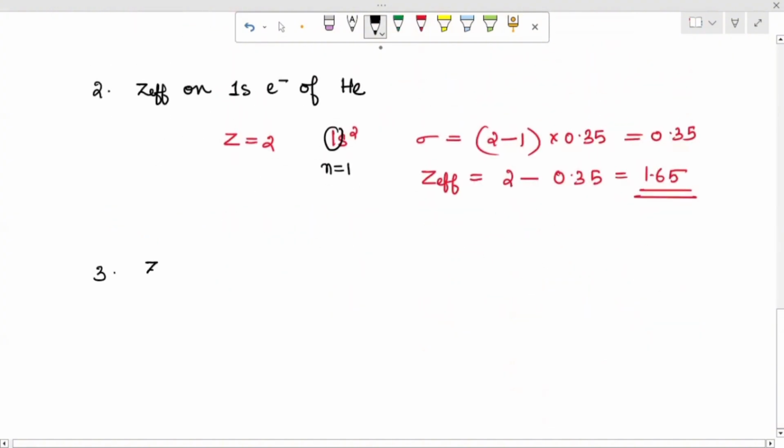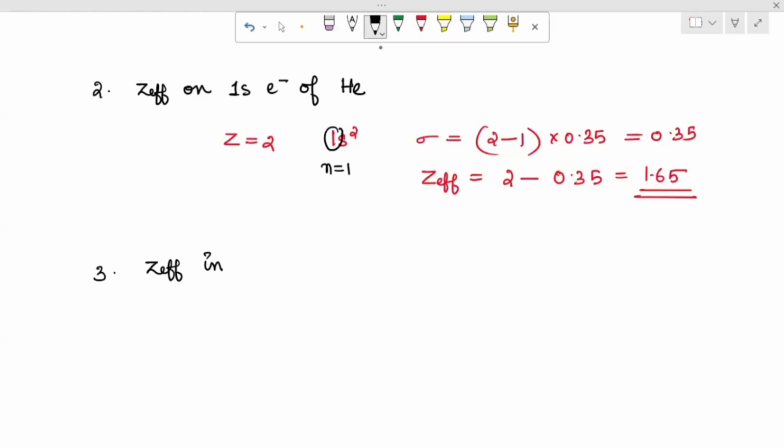3. Z effective of the electron in 2s of lithium.